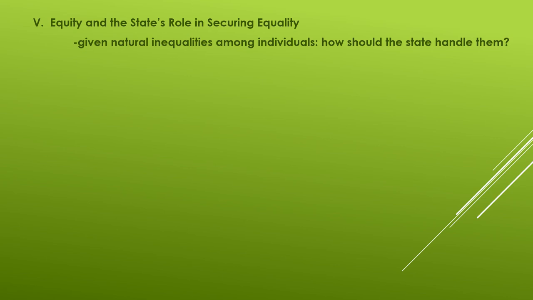So how should the state treat these inequalities? Some people are born into wealth, and some people are born into poverty. How should the state handle them? Well, an answer that's commonly given, especially in the Western model of democracy, is that the state really needs to engage in fair practices, and those fair practices involve giving to each person what she or he rightfully deserves.